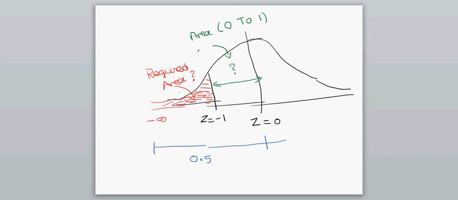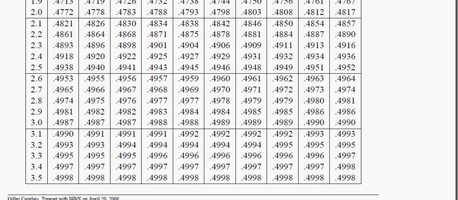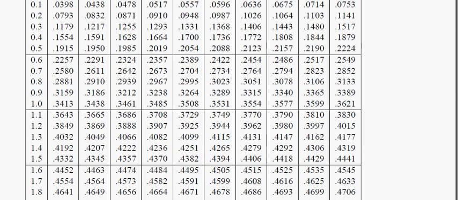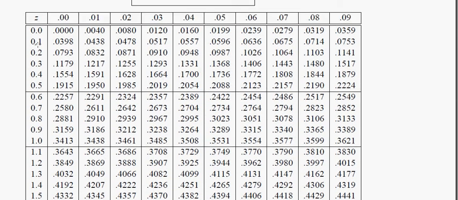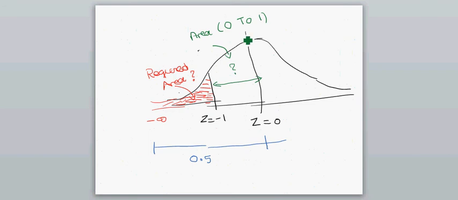How do you get the area from 0 to plus 1? If you look at the normal distribution table, this is always the area from 0 to a particular point. For 1.0, the value is 0.3413.